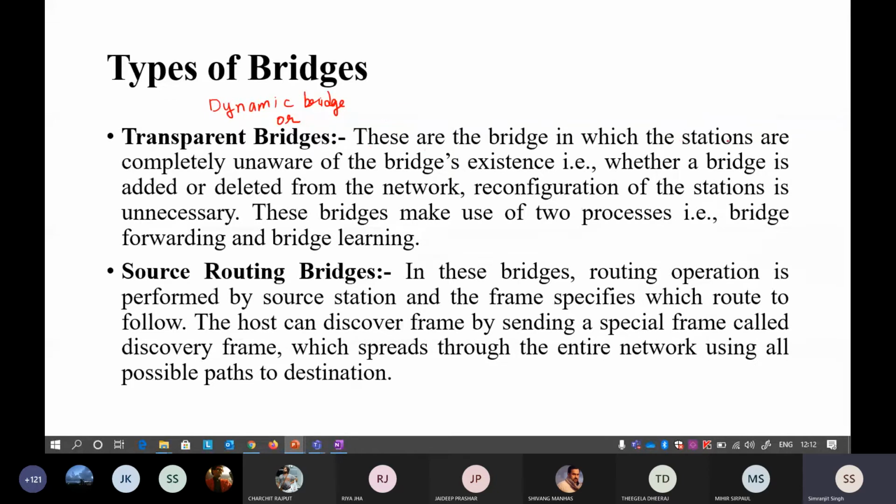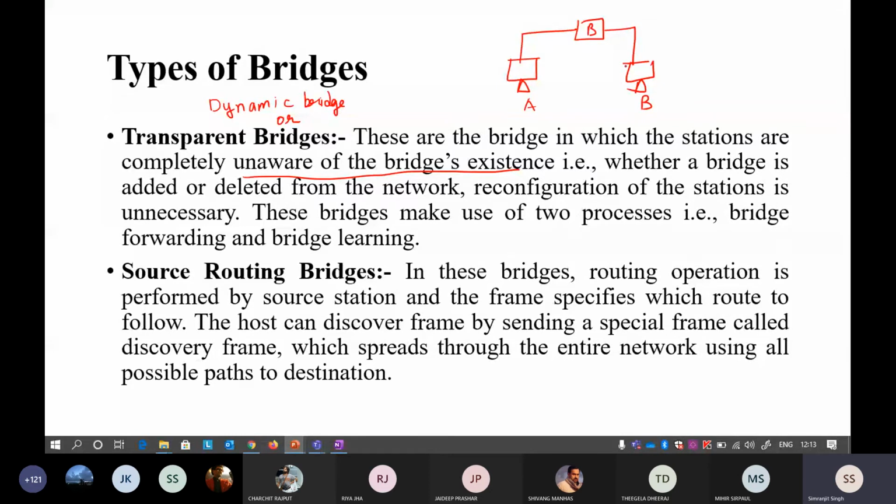These are the bridges in which stations are completely unaware of the bridge's existence. That is a very important point: the workstations are unaware that a bridge is present between these devices.